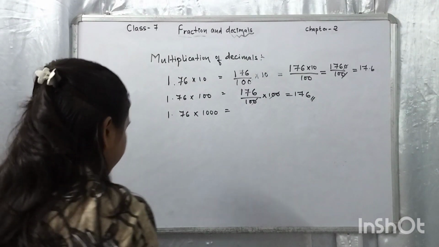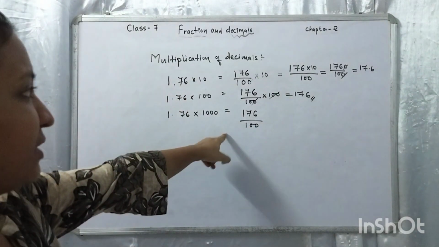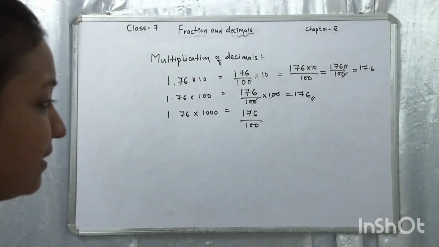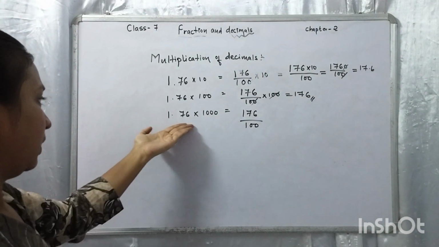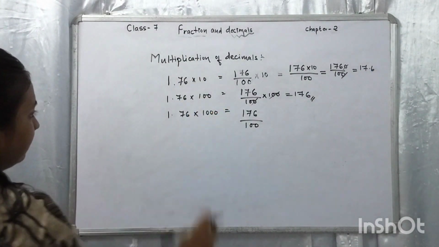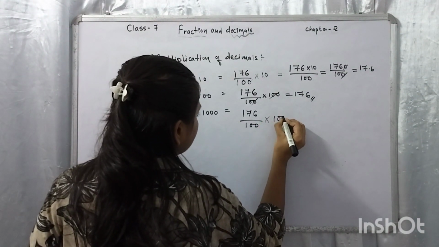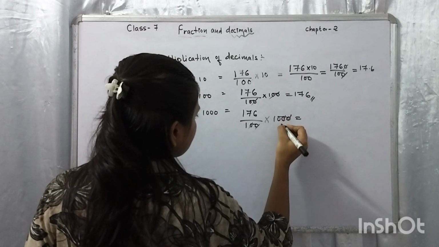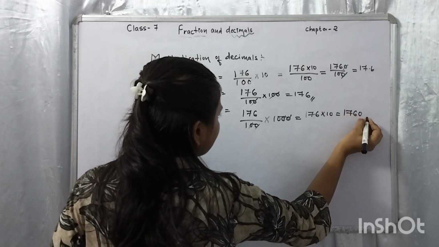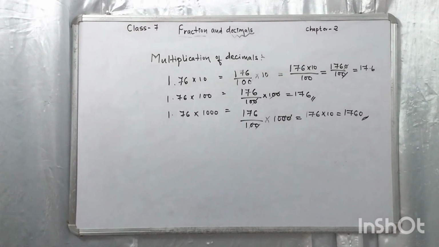In the next step, that is 176 by 100. See here, these terms are constant because I have taken the numbers on this side as 1.76, so that I can show you how the output gets changed by multiplying with different 10, 100 and 1000. So this is our number, and when you are multiplying it with 1000, this 100 gets cancelled out, and 176 into 10 will give you 1760. Fine. So this is how we multiply a decimal number by 10, 100 and 1000.